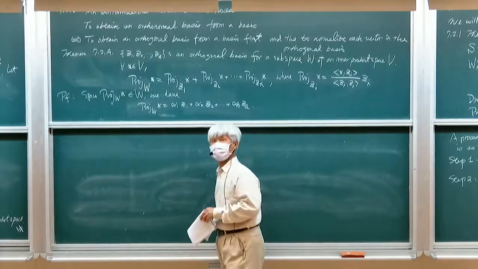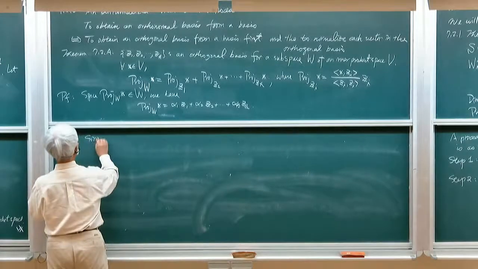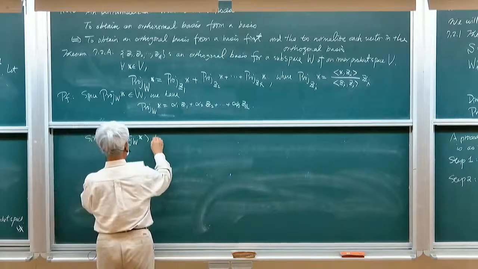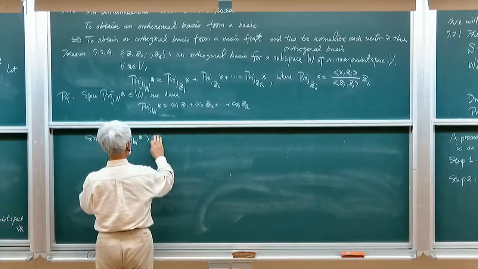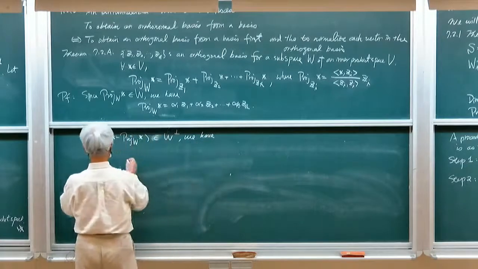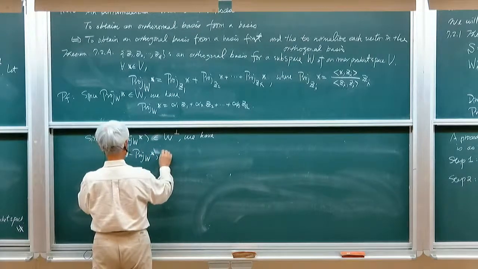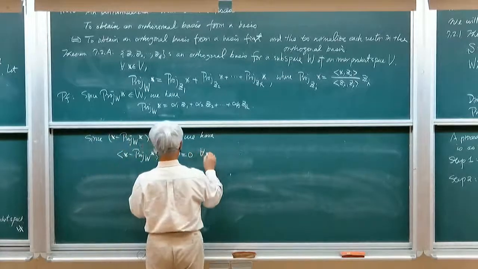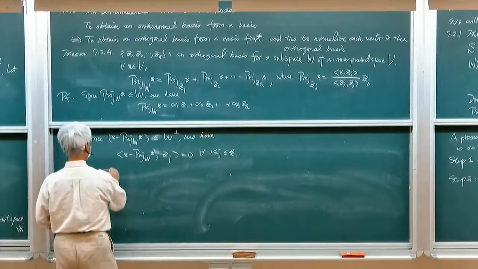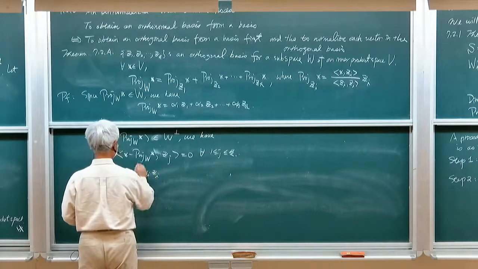Now since x minus this projection is in the orthogonal complement, we have that <x minus projection, zj> must be 0 for all j from 1 to k.